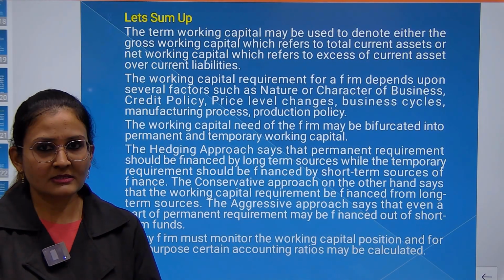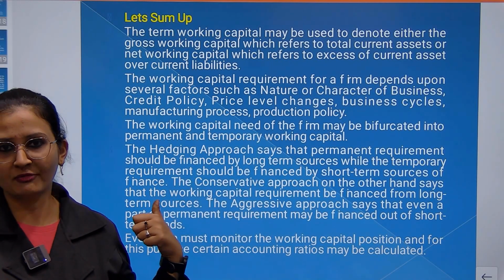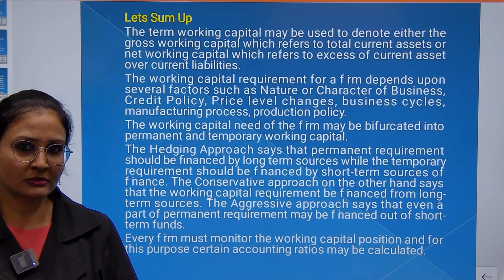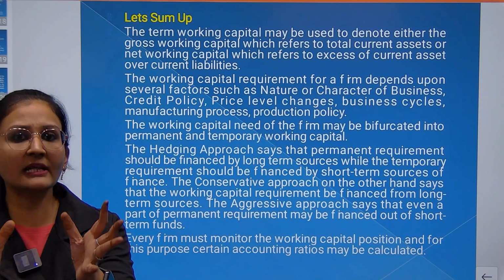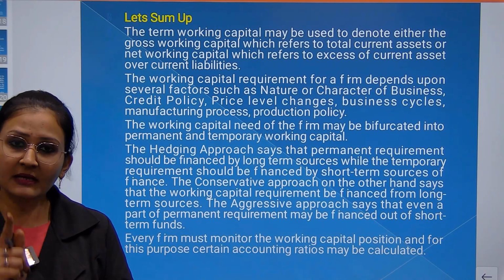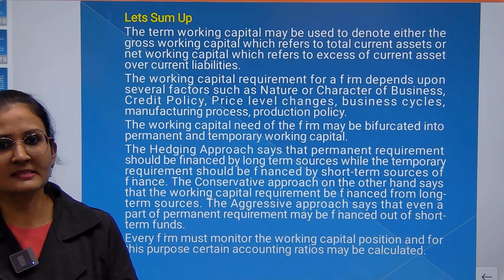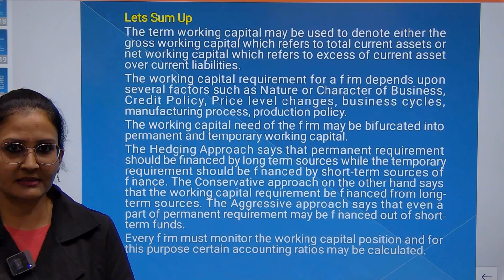Next, so now I will wind up. Now we will see the important points of our PPT. So the term working capital may be used to denote either the gross working capital, which refers to the total value of your current assets, and net working capital, which means current assets minus current liabilities, means the excess of current assets over current liabilities.